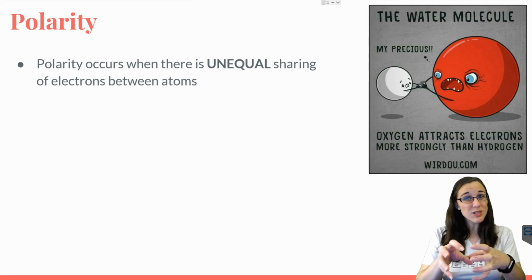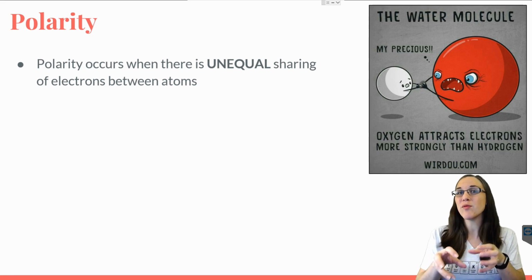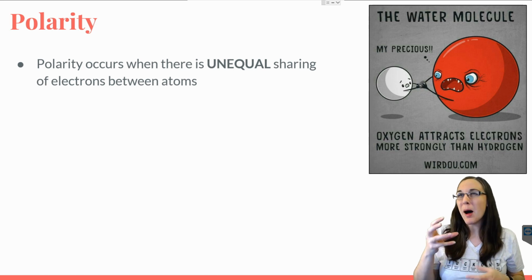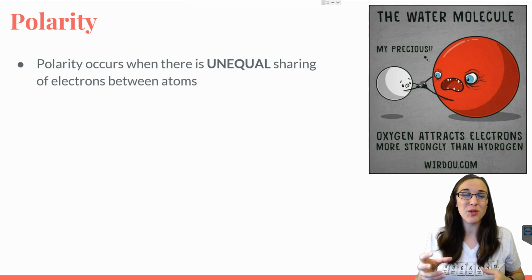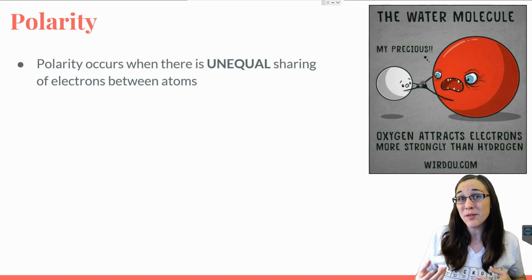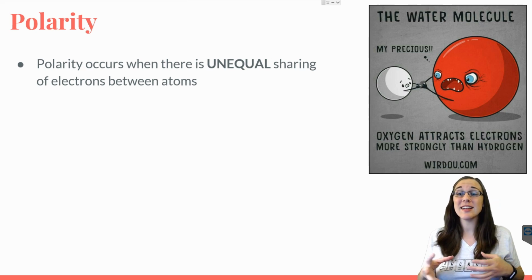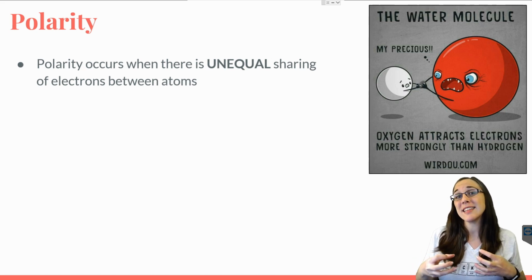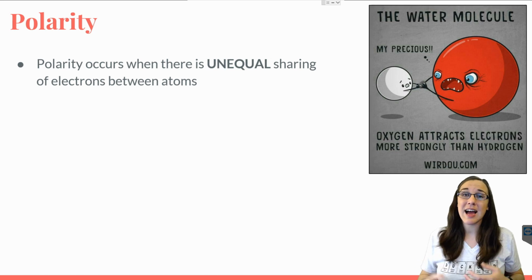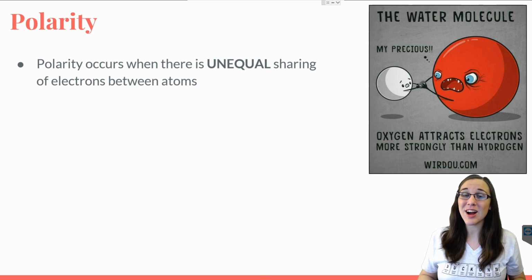As you can see, they're both still kind of holding on to those electrons, those negative charges, and they're tug of warring them. But oxygen is so much more powerful, it's so much more electronegative than hydrogen is, that it is holding on to them or attracting them more strongly than hydrogen can. So we can say that oxygen is really attractive in this bond here, and there's an unequal sharing in that oxygen gets the electrons a lot more than hydrogen does.